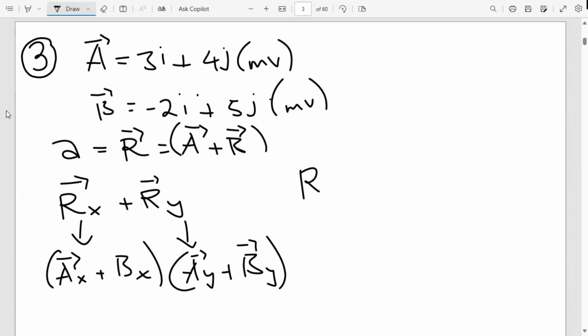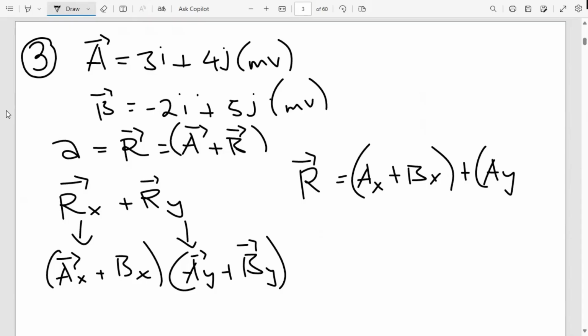So my R is going to be equal to Ax plus Bx, plus Ay plus By. Remember, these are vectors, so we have to show them with arrows on top.